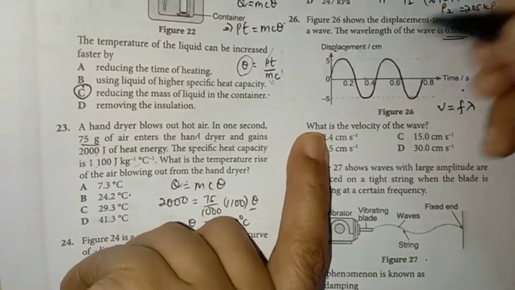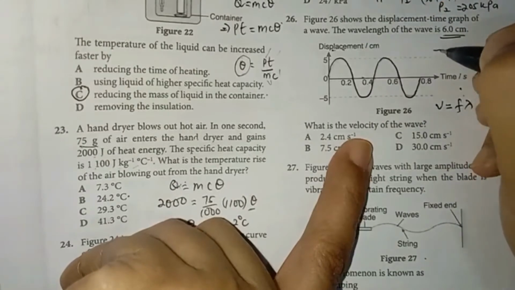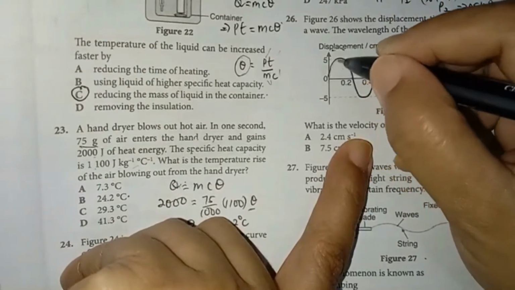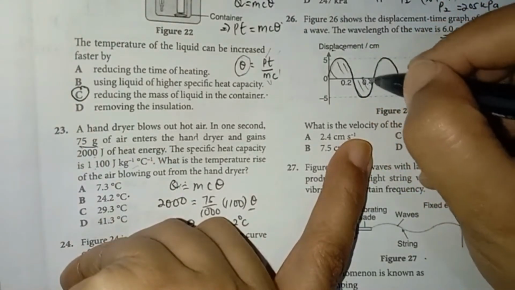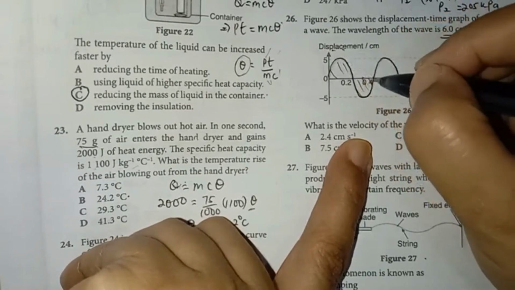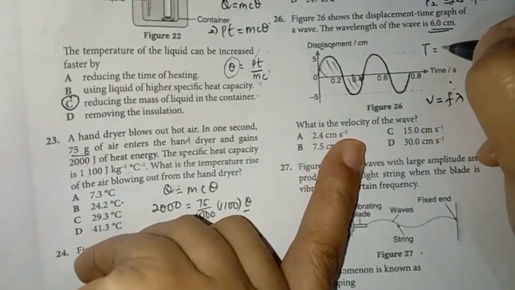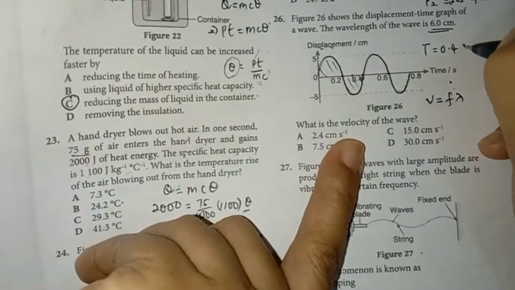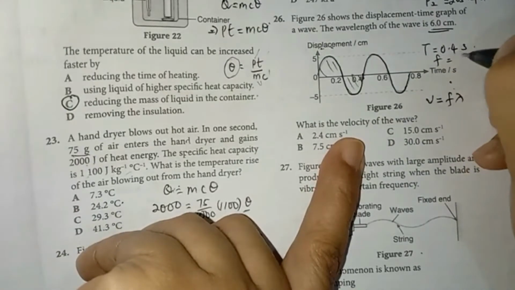So from this graph we can get the period. Period T equals the time taken for one complete wave. So this is one complete wave, one crest and one trough. So you read here 0.4 second, meaning the period is 0.4 second. Frequency is 1 over period, so equals 1 over 0.4.